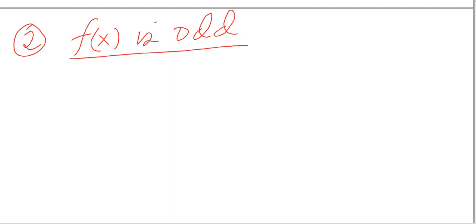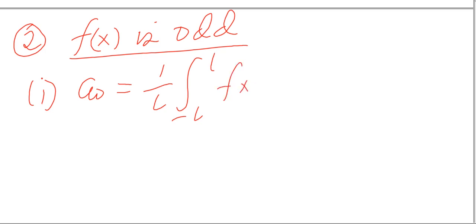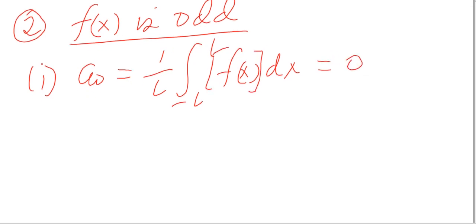Then we see that 1, when we write a naught, which is 1 over L integral from minus L to L, f of x dx, f of x is odd, so definitely this integral is 0.